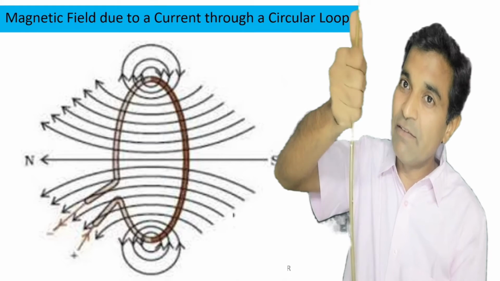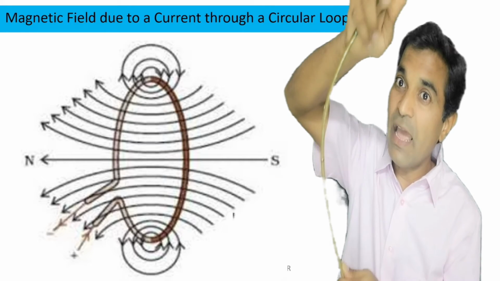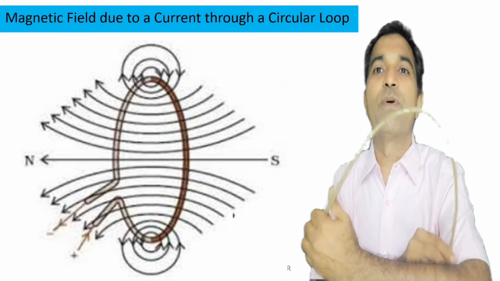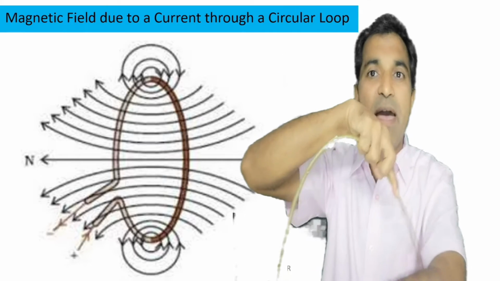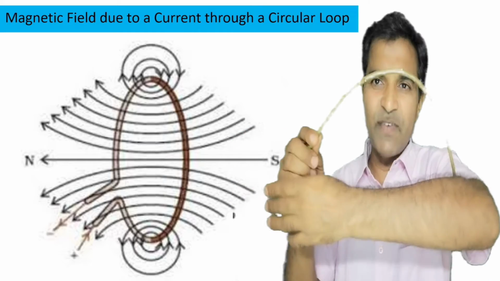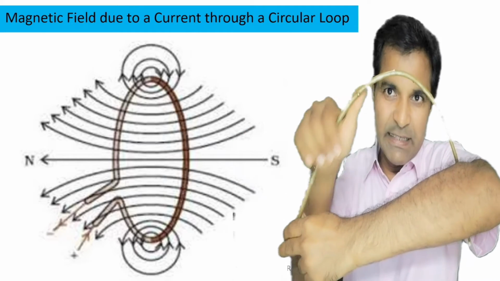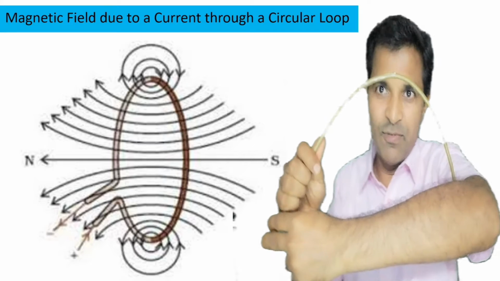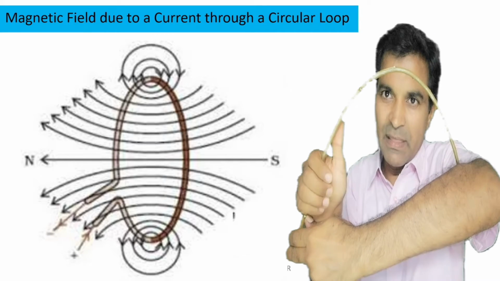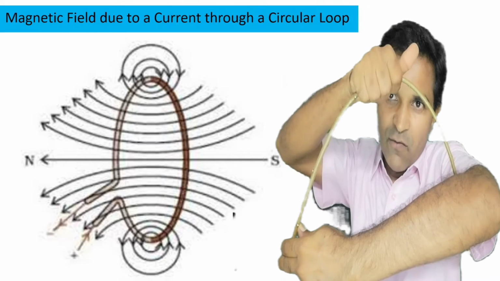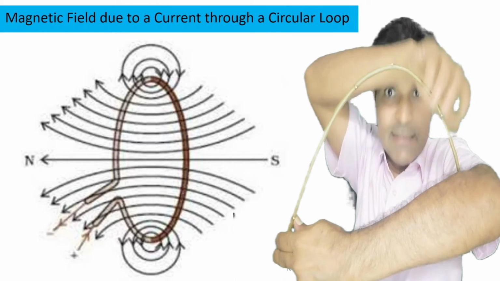But what will happen if we just bend this into a circular loop? If we bend the long conductor in a circular loop, then if this is the direction of the current which is now bent, then the direction of the lines of magnetic force will be something like this.